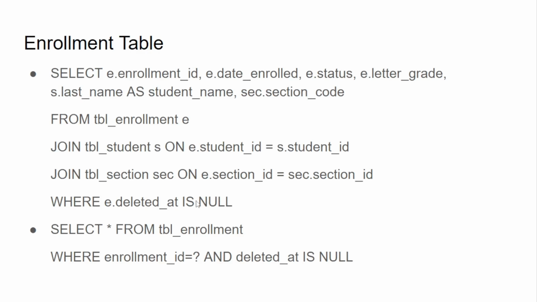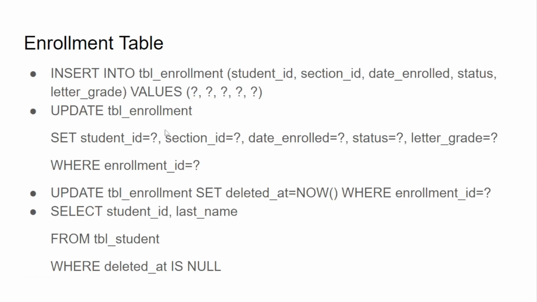And then from that we can manipulate it. We can get a value from the enrollment table, we can insert some values, we can update those values, or we can delete those values.